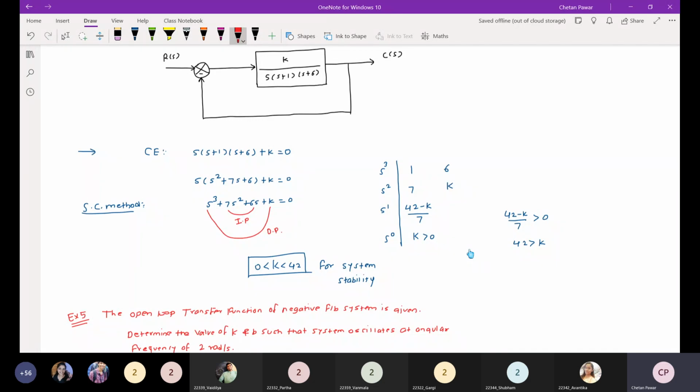So what is the condition so that the system will become stable? The inner product should be greater than the outer product. What is the inner product here? 7 into 6, 42. And what is the outer product? K into 1, K. So for system stability, K should be less than 42.